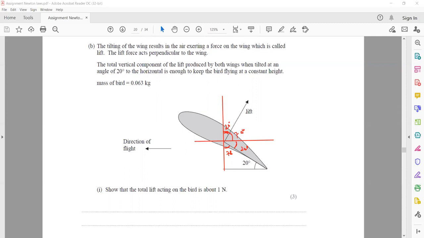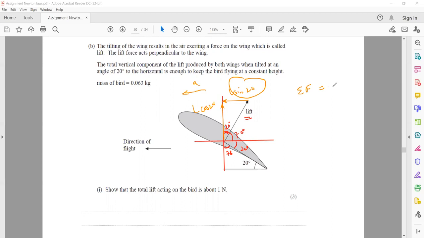So now, as you can see, this is a lift. The component of the lift which is with the angle is L cos 20, and the component of the lift which is against the angle will be L sine 20. So L sine 20 is the component of the lift which is responsible for acceleration.